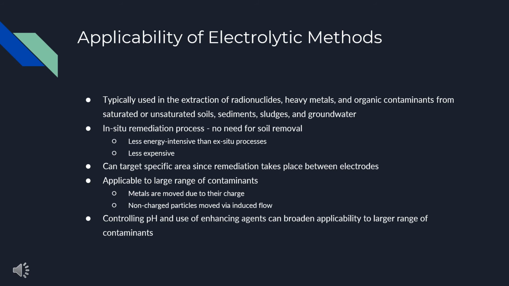Non-charged particles, however, such as organic contaminants, are transported by an induced flow of water, or electroosmosis. Controlling the pH in the ground, as well as using various enhancing chemical agents, makes it possible to broaden the range of contaminants that can be treated with this method.